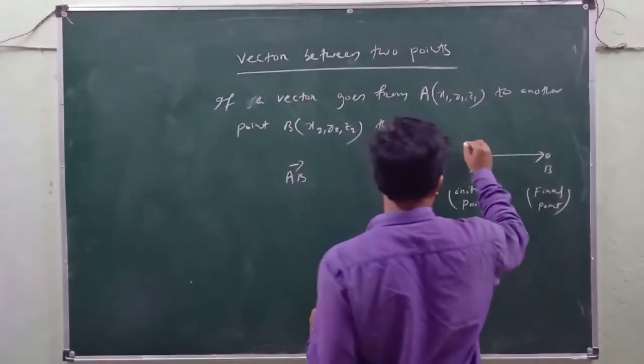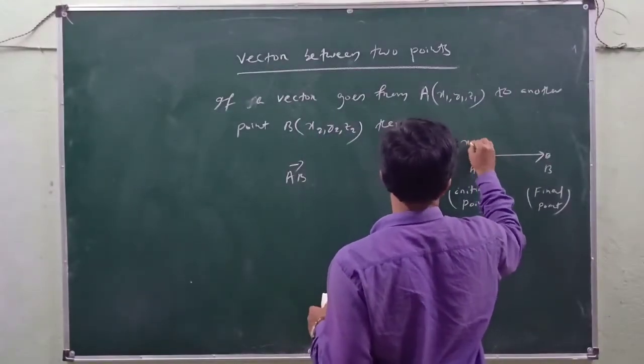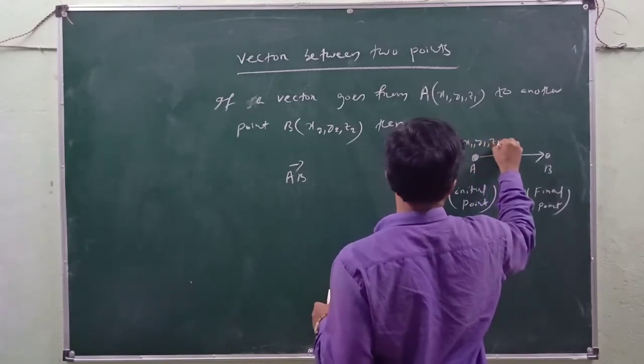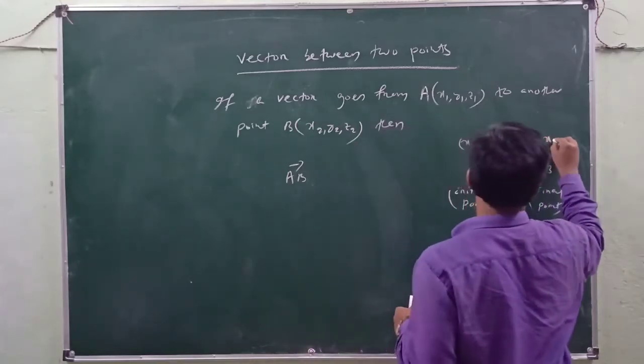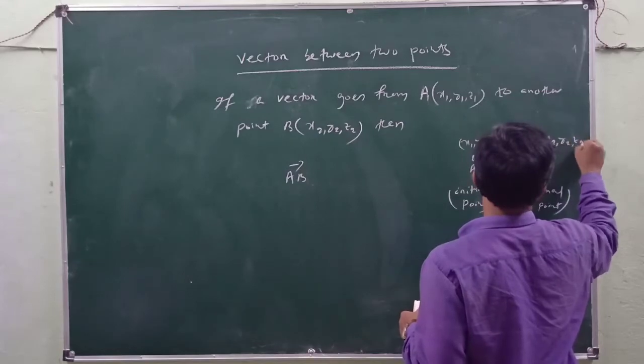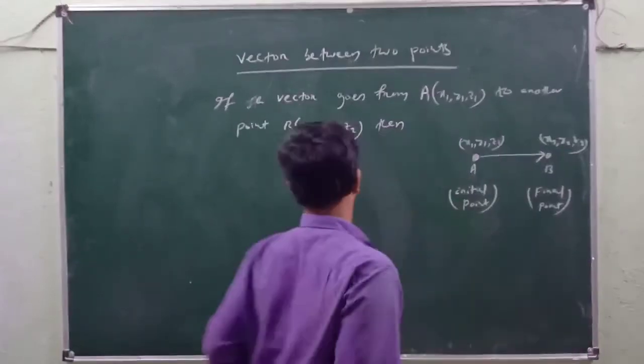Okay, now we take the coordinates of A as x1, y1, z1, and B as x2, y2, z2.